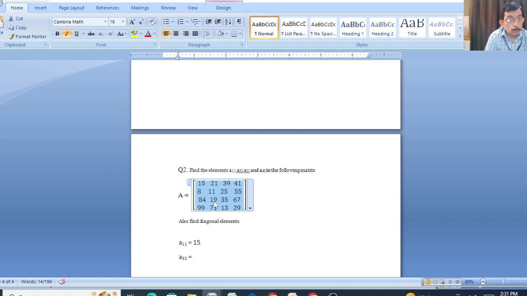What is the value of A32? 19. The answer is 19.